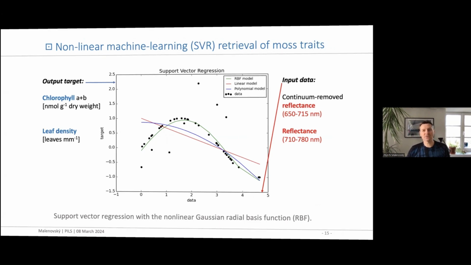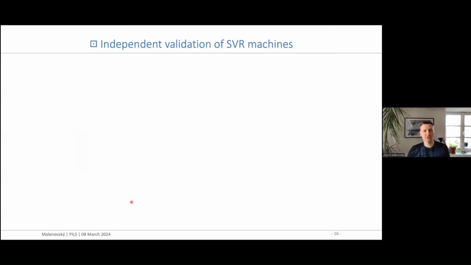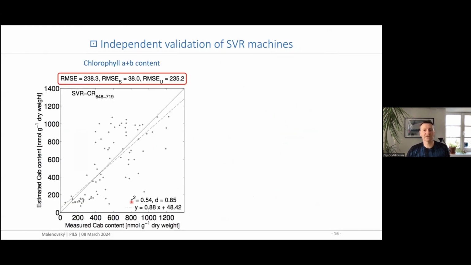Now, the training was pretty successful for chlorophyll content prediction. We got quite a good relationship with systematic error being much smaller than unsystematic root mean square error, which indicates the model is pretty stable. Most of the error comes from the noise in the data.